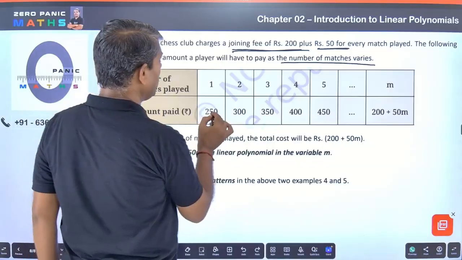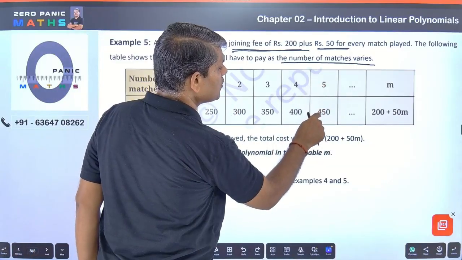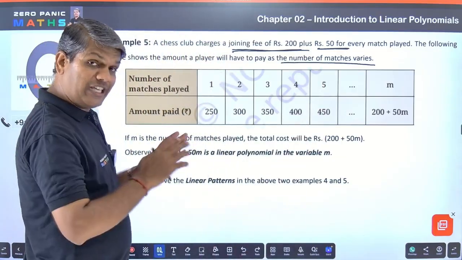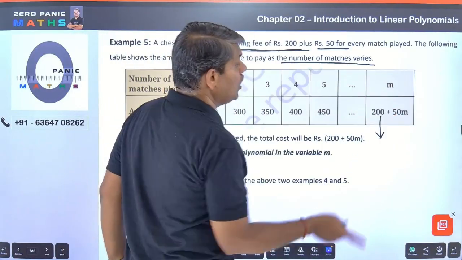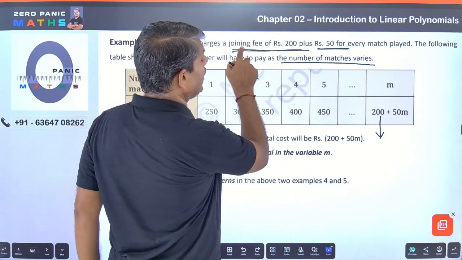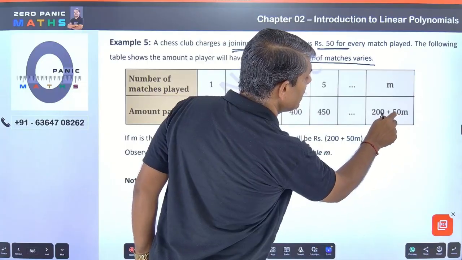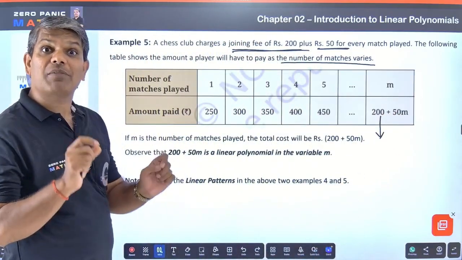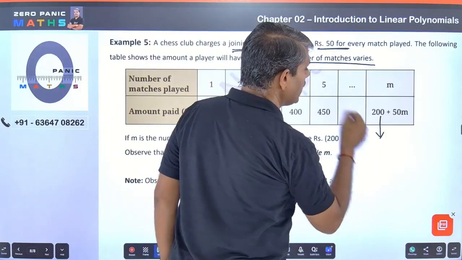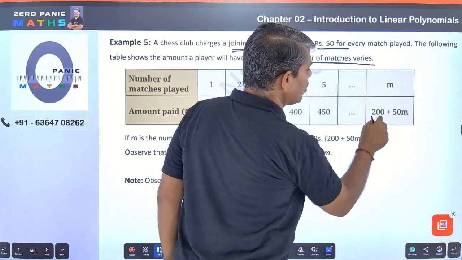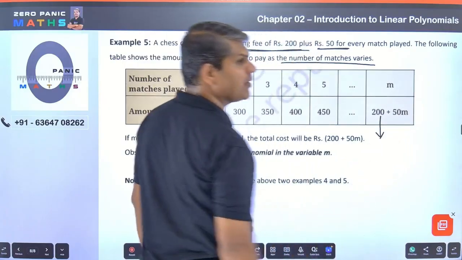Okay, so 250 for one match, 300 for two matches, and for 5 matches 250 plus 200, it is 450 rupees. So in general, when he plays m matches, 200 rupees is paid as a joining fee, and m, the number of matches, is multiplied with 50 rupees, which is the per match fee. So for m matches, the total cost to be paid is 200 rupees plus 50 times m.